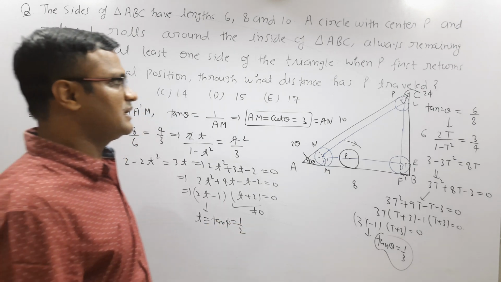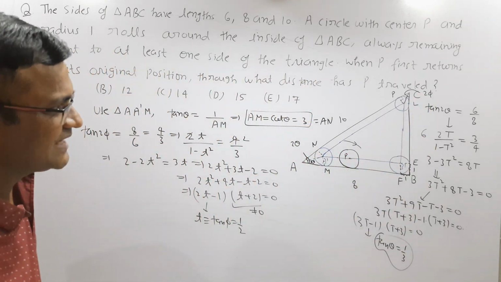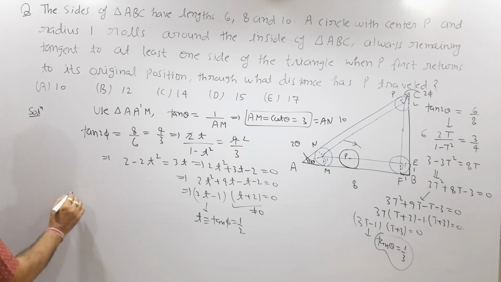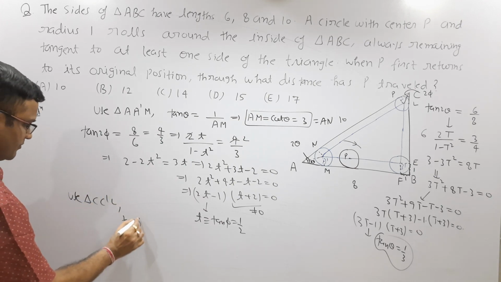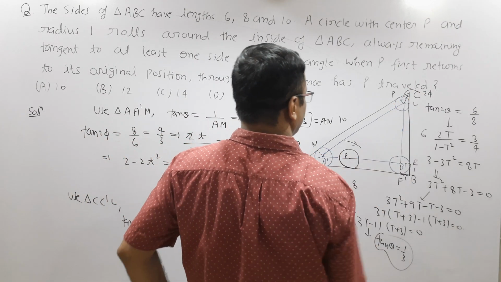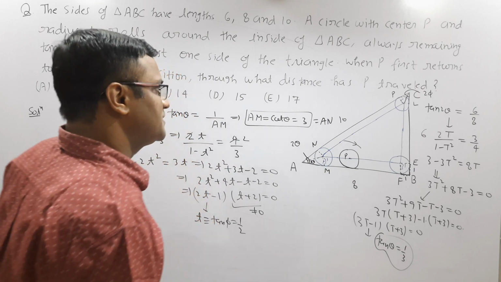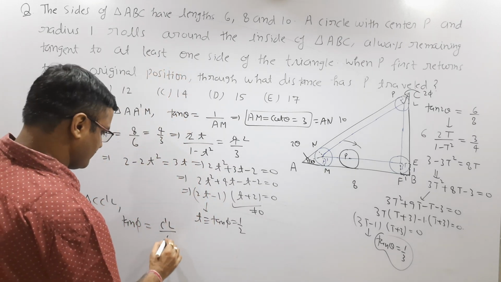And if tan phi is half, then using triangle C, C prime, L, in order to find the length of tangent from the vertex C, we can write tan phi. Tan phi is actually what? Perpendicular upon base, C prime L upon CL.